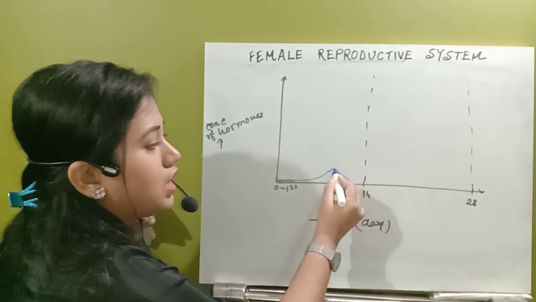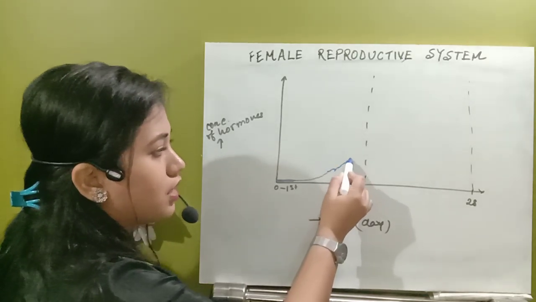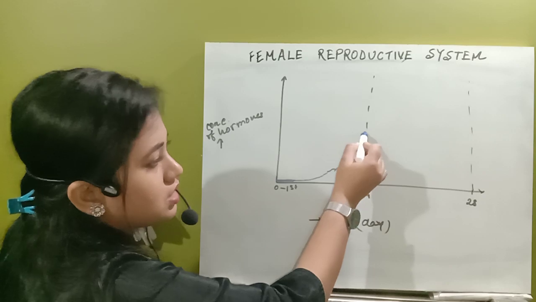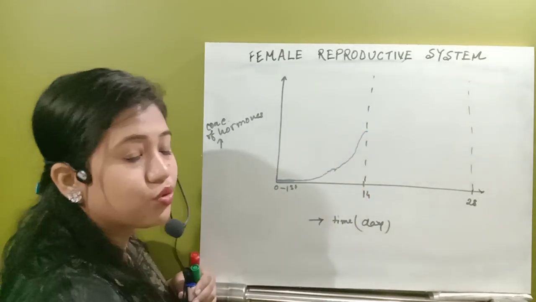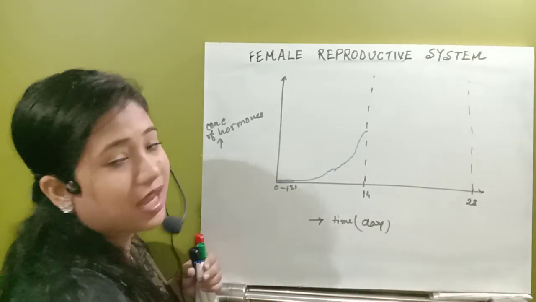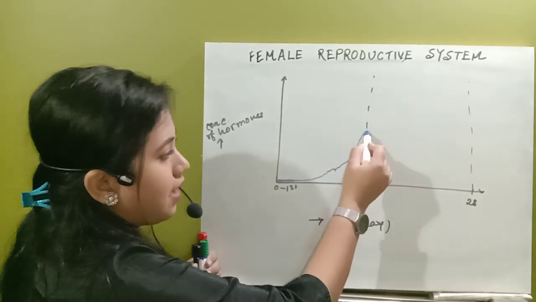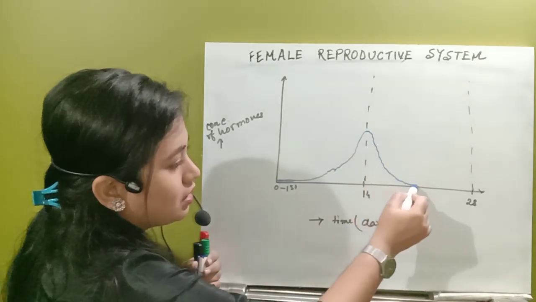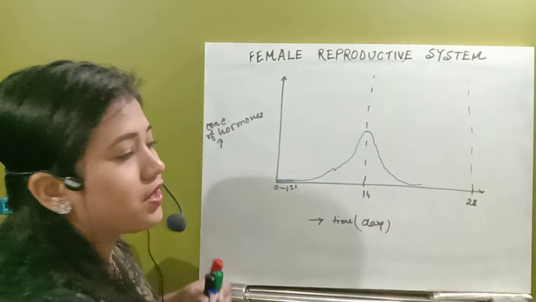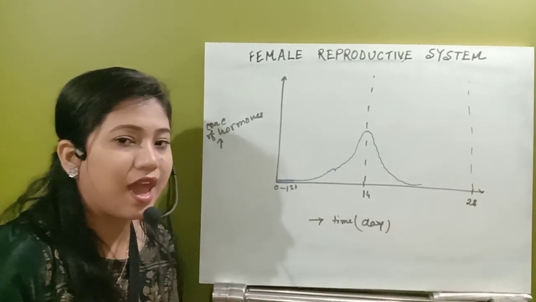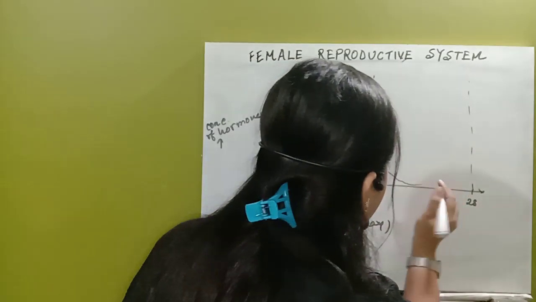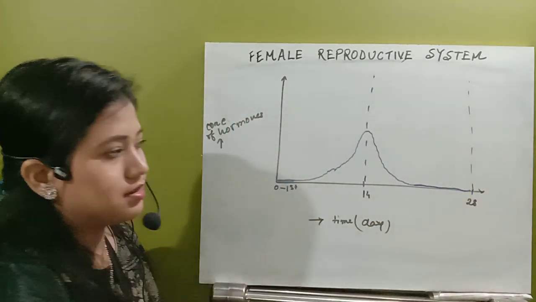It will gradually increase, FSH will increase, and after the 14th day, whenever estrogen starts to release, it gives negative feedback, so that's why FSH falls, and in the secretory phase or luteal phase we will no more have FSH hormone. So for FSH hormone, this is the graph.